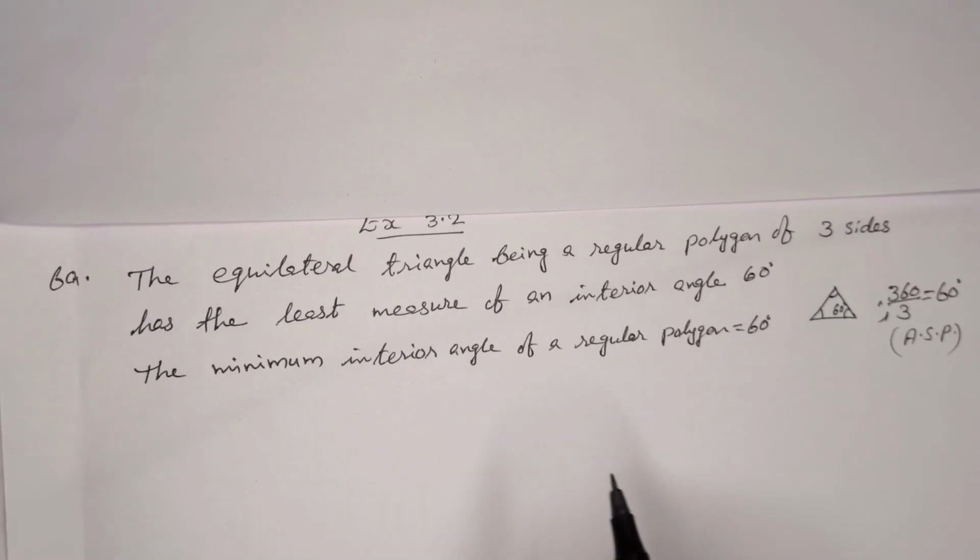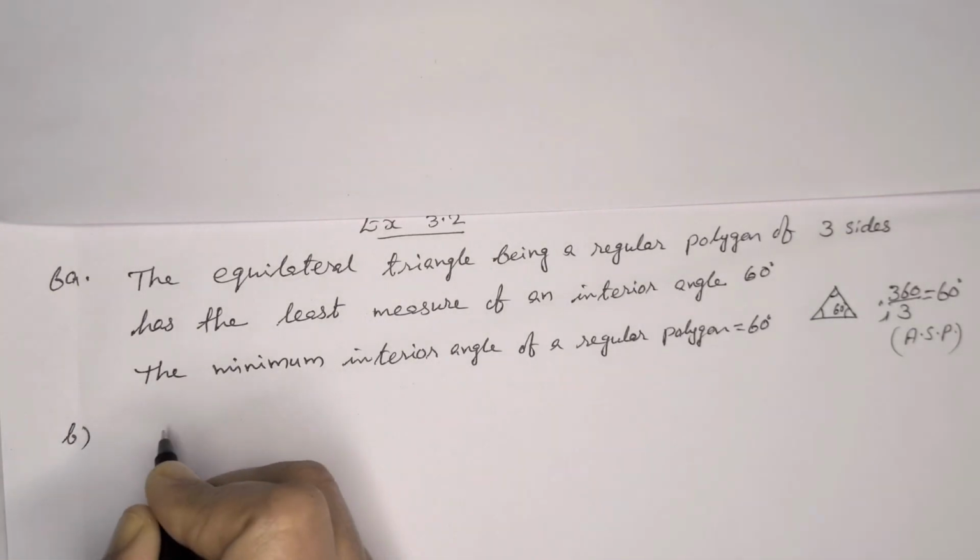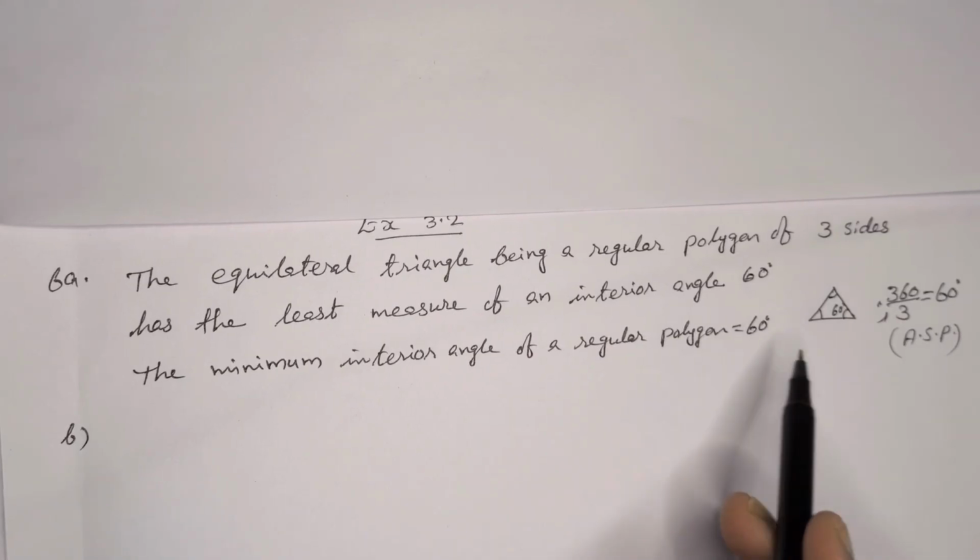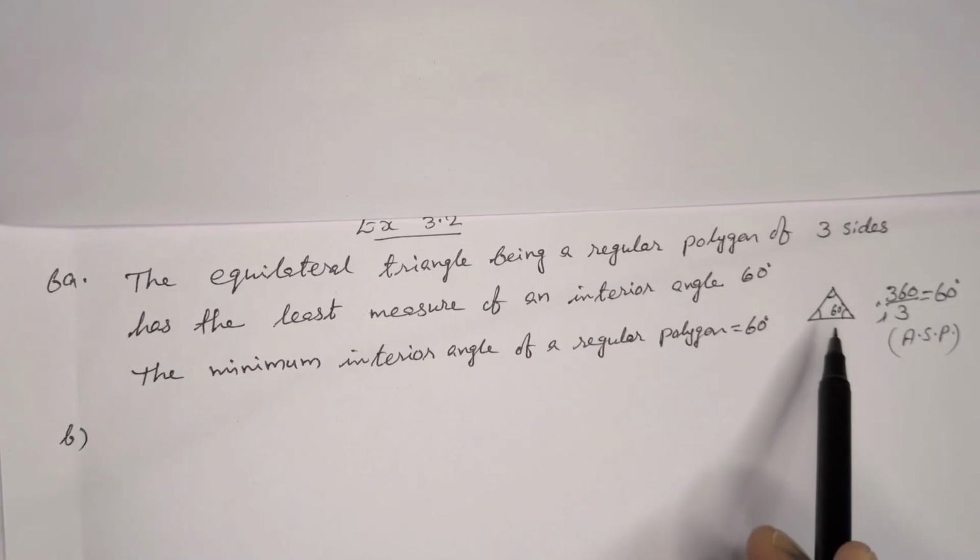Now what is the maximum exterior angle possible for a regular polygon? The minimum interior angle possible is 60 degree by angle sum property.